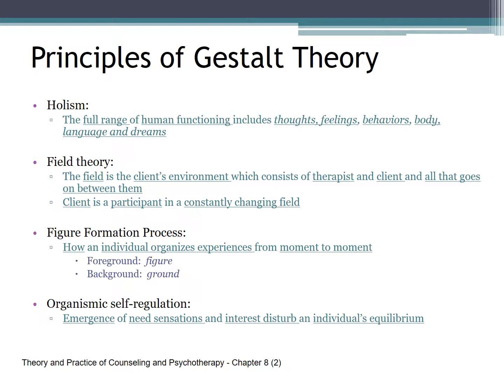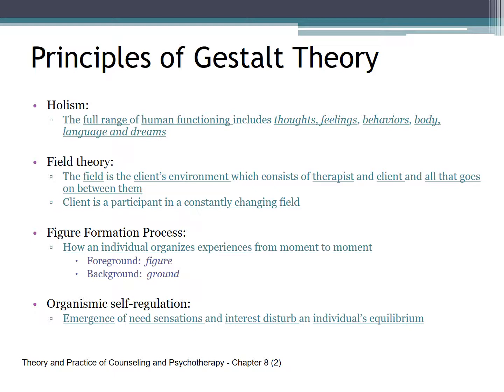Now, when you're talking about the foreground, that is the figure, and the background is the ground. A person identifies a figure from the background. An example: you see words on this particular slide that are printed as the figure. They're the figure, and the white slide in the back is the background.